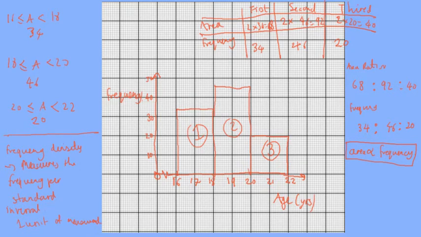Let's look at this in a bit more detail. I'll change the colour back to black.